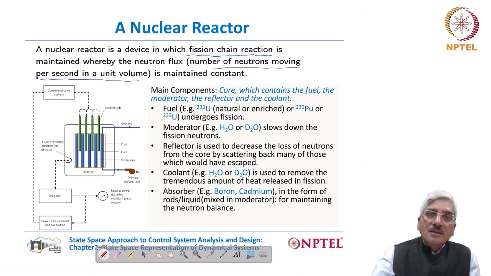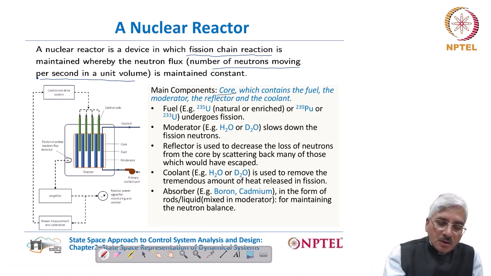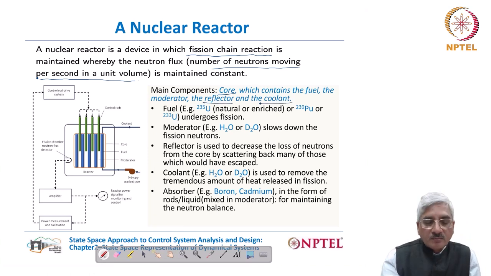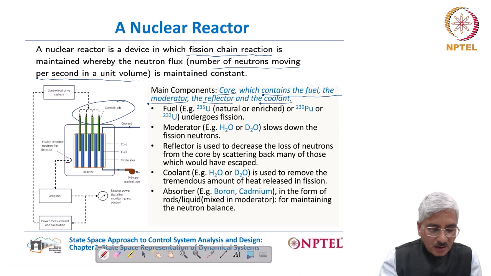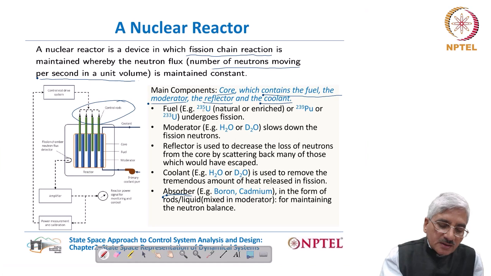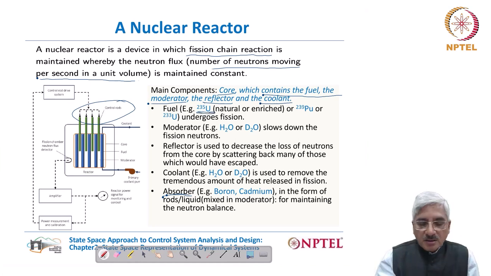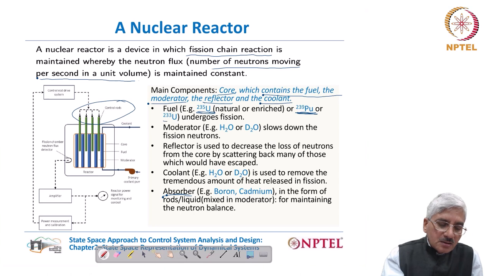So, in a nuclear reactor, the main components are the core, the reflector, and the coolant. The core contains the fuel and moderator, and of course beyond this we have a control mechanism to control the reactor. Fuel in most reactors is uranium-235. In some reactors, called fast reactors, it is plutonium-239, and in very few reactors it is the uranium-233 isotope.